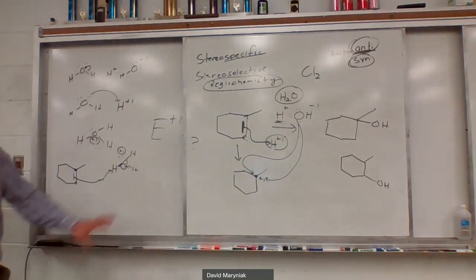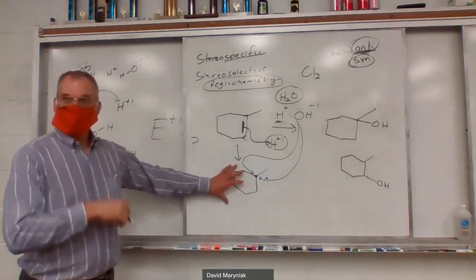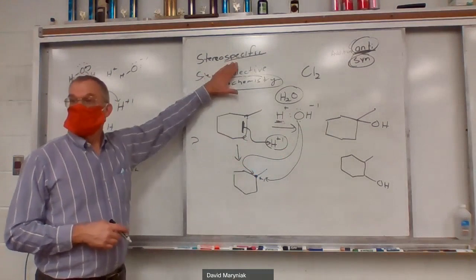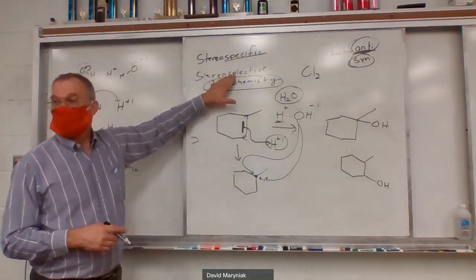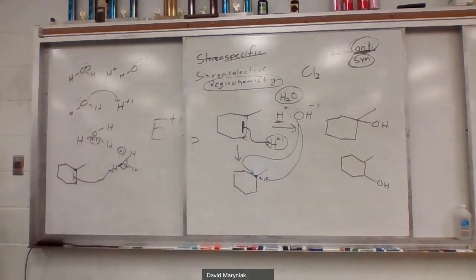And so is this intermediate going to be acted on stereospecifically, selectively, or random equally from both sides? So then the regiochemistry is dominated by Markovnikov. The stereoselectivity or lack thereof is dominated by the mechanism.